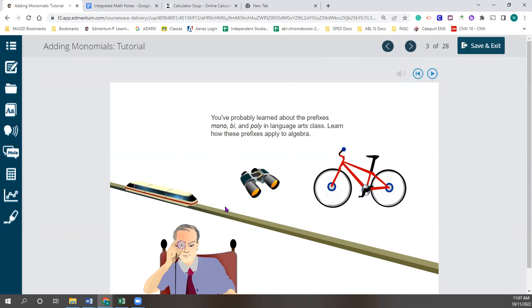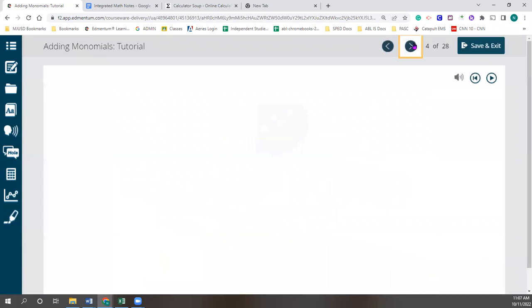So mono, like the monorail, binoculars, 2 lenses, monocular, single lens, and bicycle, 2. So mono being 1, bi being 2, and poly being many, like polygon.